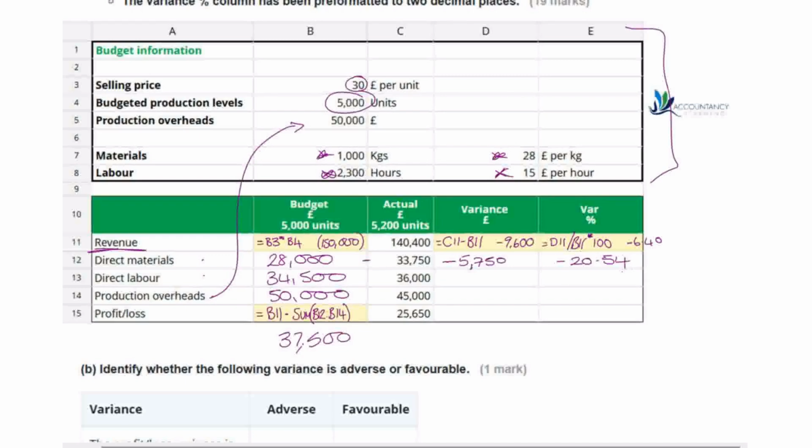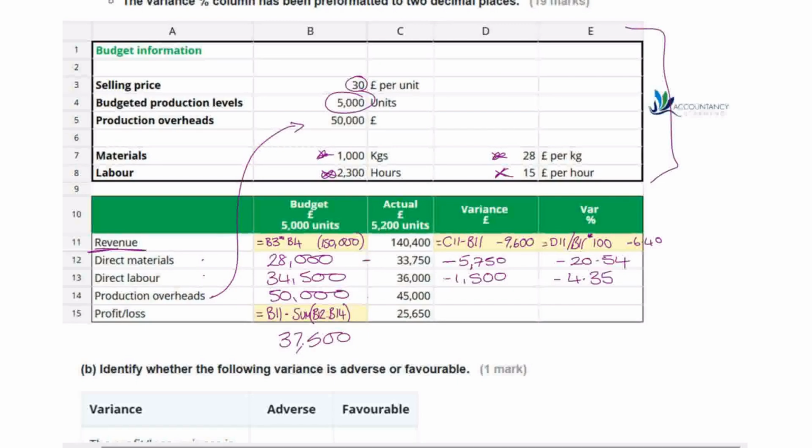So direct labour, again, we're going to do budget minus the actual to give us 1,500. And then again the variance, you're going to divide your variance by your budget to get minus 4.53 variance as a percentage.